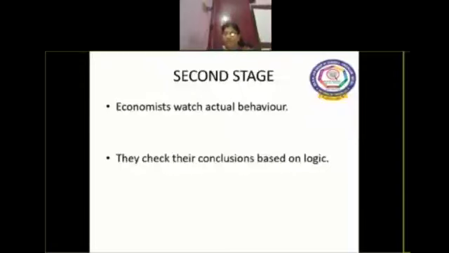If it tallies, then that logical theory is confirmed, but if it does not tally with the behavior, then they have to make some changes. This calls for reformulation of theory until it matches the actual behavior. So continuously they have to make changes till the expected behavior and actual behavior tally.